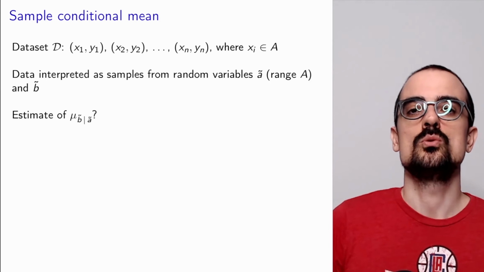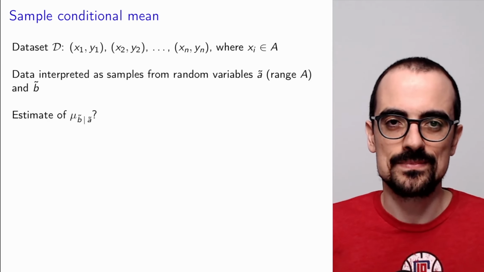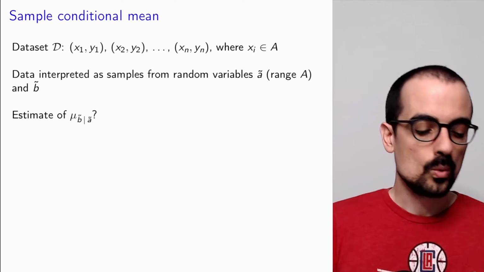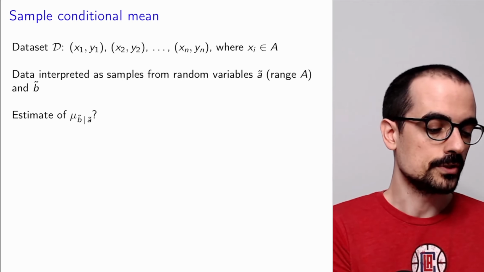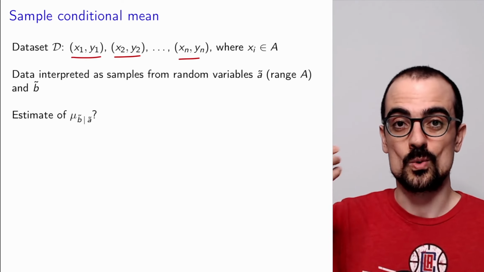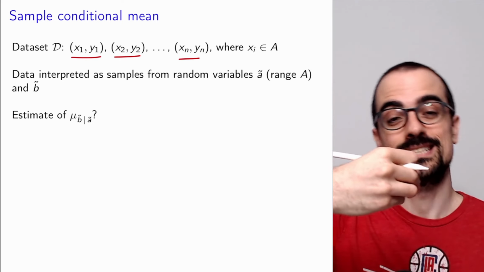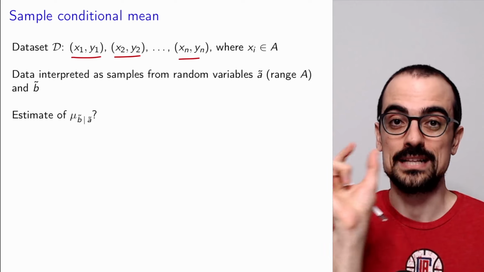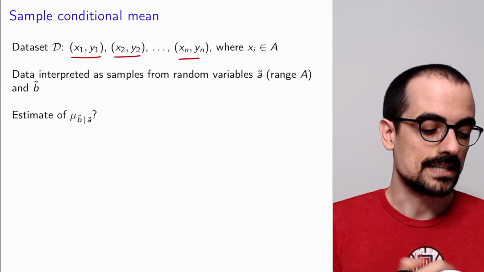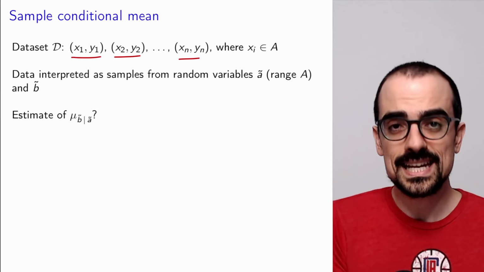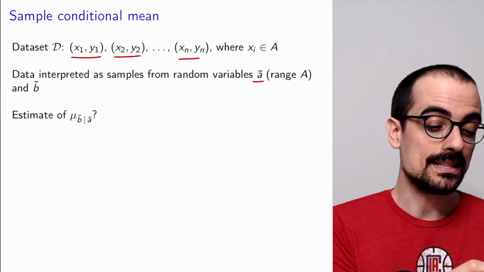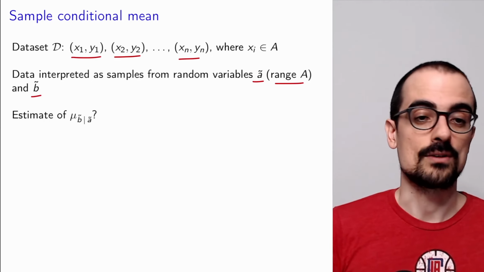Now let's turn to the problem of estimating this quantity from data. So imagine that you have a data set where we have joint samples of two quantities. Of course, you need joint samples because we're trying to determine the conditional average of a quantity given another quantity, and for that you need pairs of samples. So we're interpreting this data as joint samples from a random variable a that is discrete and a random variable b.